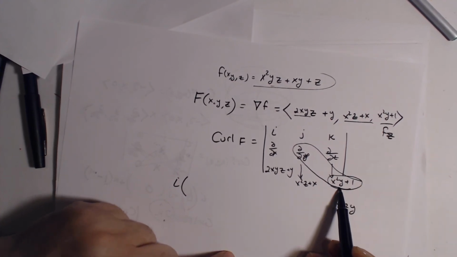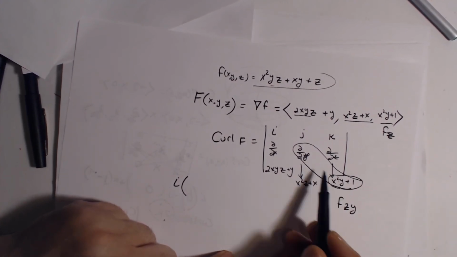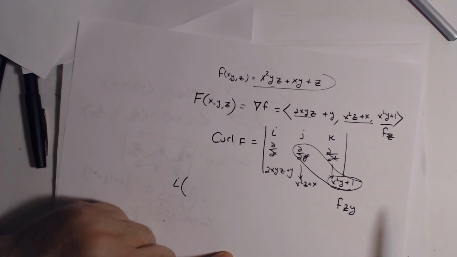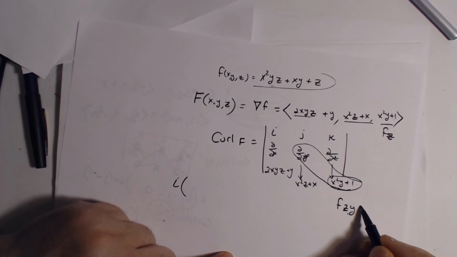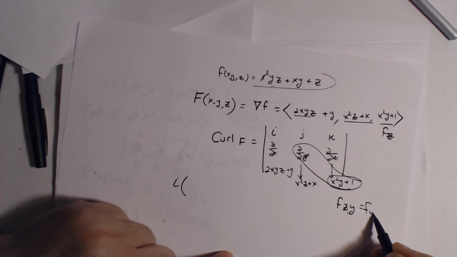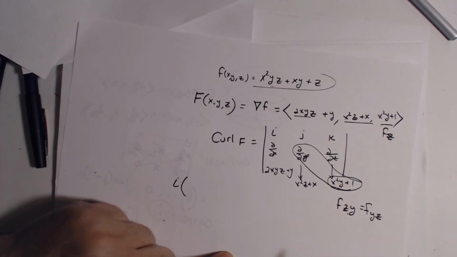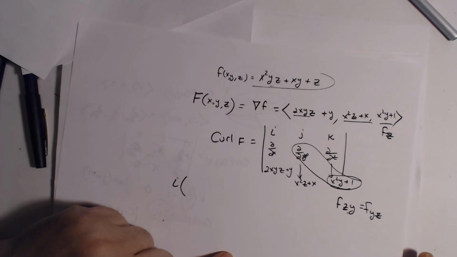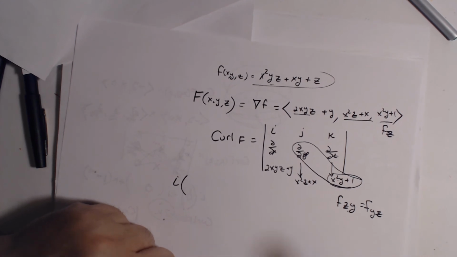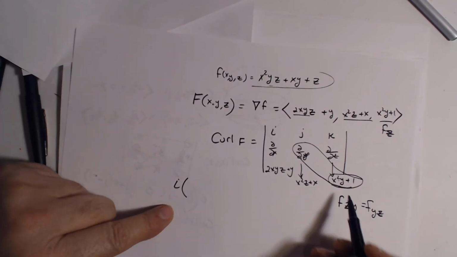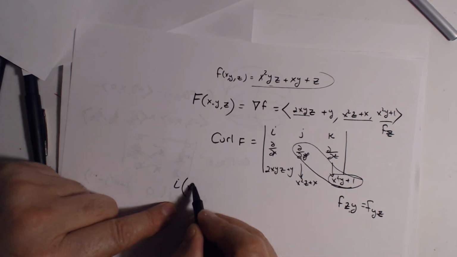But you're taking partial with respect to y. And remember, in previous chapter we said order doesn't matter. f of zy and f of yz are the same. Okay, remember that. Therefore, the partial with respect to y is x squared.